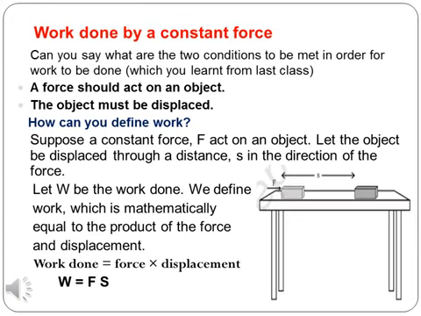As shown in the figure, the displacement S is caused by the application of force F. So, the work done W is equal to force into displacement, which is equal to F into S, which is equal to Fs.